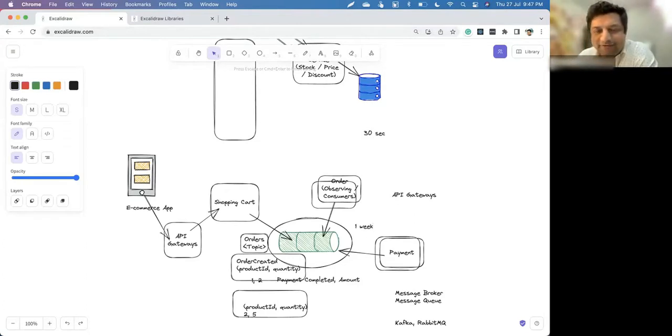Maybe everyone would have processed it, and even if they have not, it is okay to lose it because the price would have changed, or the item would have gone out of stock. So you may decide based on your conditions how long you need the messages to be stored, because if you don't delete them, then you will run out of disk space. So you can put a policy that any message after 1 week will be deleted, or after 1 year or several years, based on the requirements of your application.